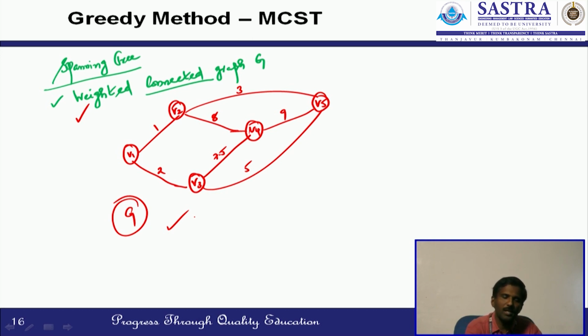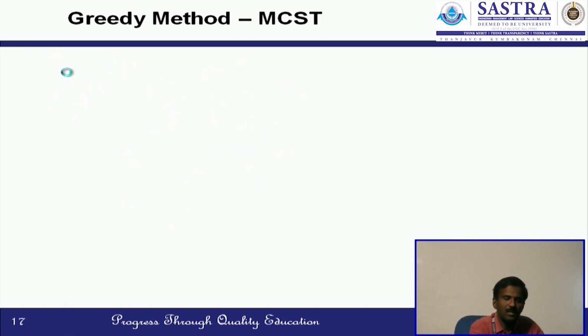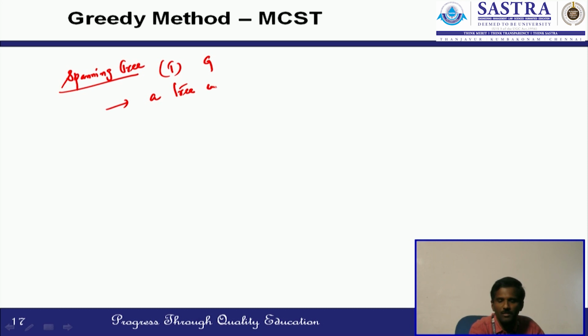Before that, let's see what a spanning tree is. A spanning tree is a tree that connects all vertices of the given graph. A spanning tree T of a given graph G is clearly a tree with n vertices.